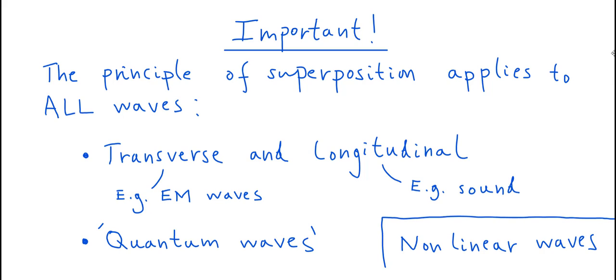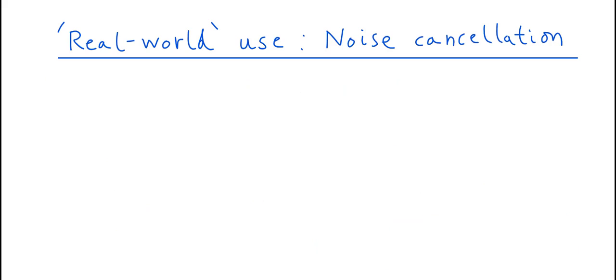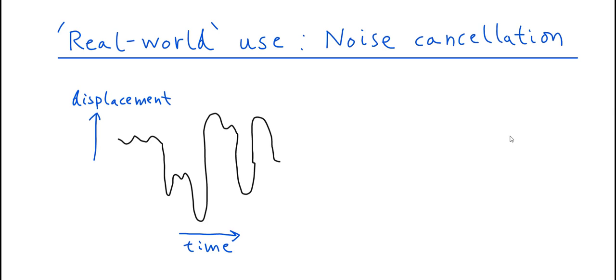To finish, I just want to mention a very nice real-world application of the principle of superposition, and that is noise cancellation. So perhaps you've used or you have noise cancelling headphones which cancel out or somehow mysteriously remove the background noise around you. So let's try to understand the basics of what's going on there. So imagine you're trying to listen to some music or a podcast or whatever, but there's some background noise.